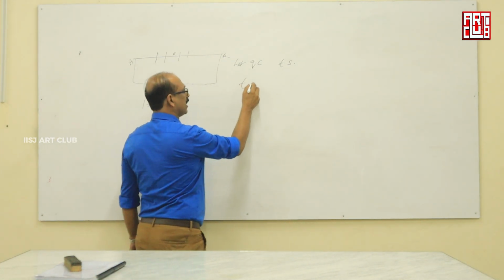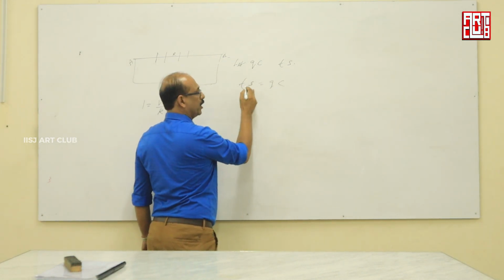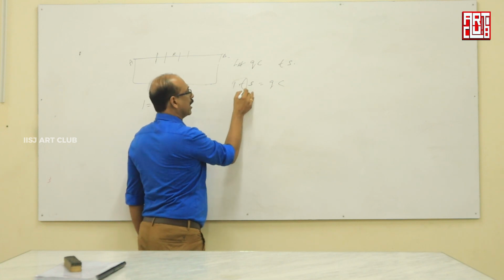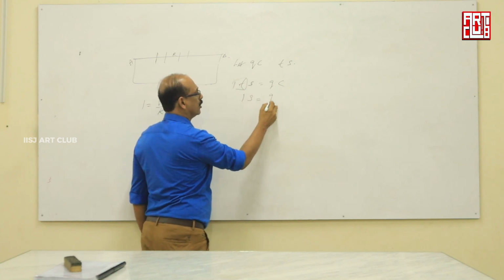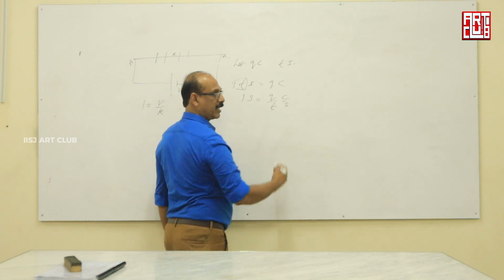That means in T seconds, Q coulomb charge flows. So again, by the unitary method, the current flowing in 1 second is equal to Q by T coulomb per second.